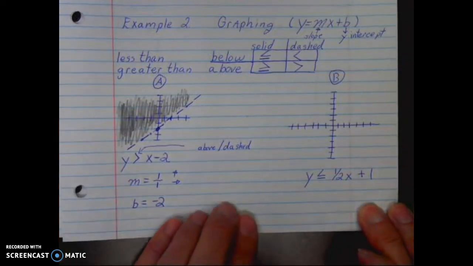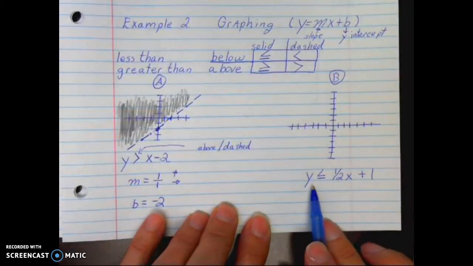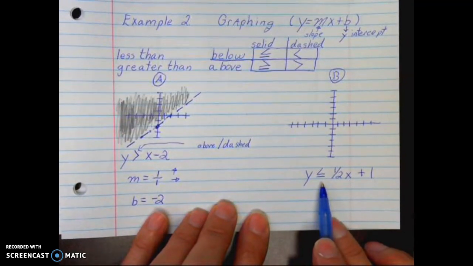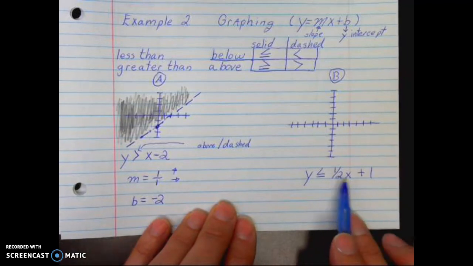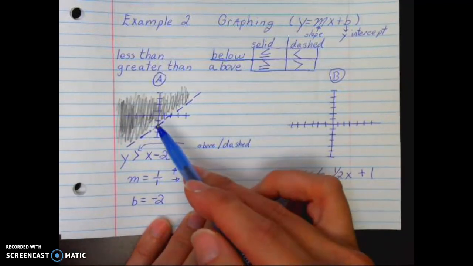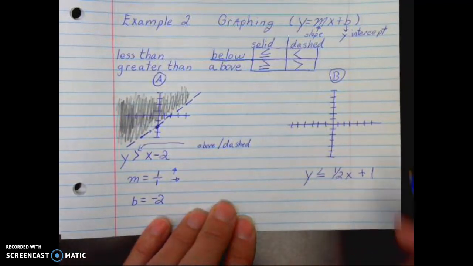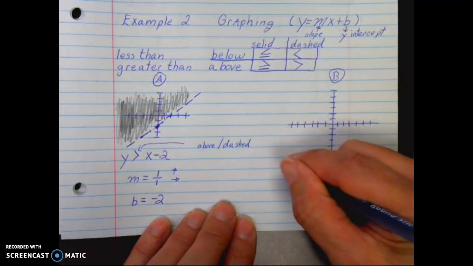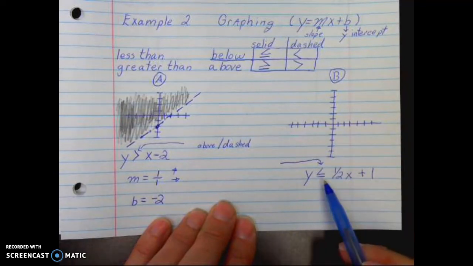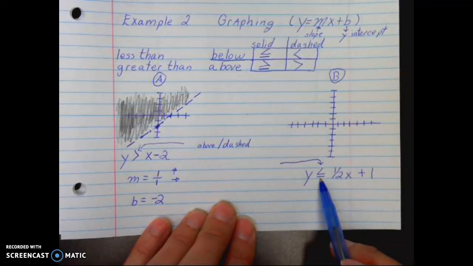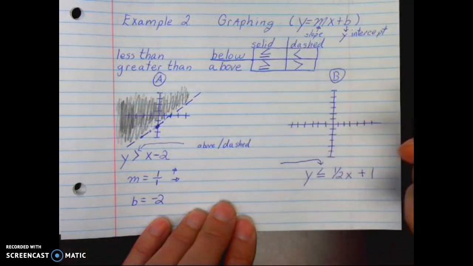Now, let's look at number B. Let's read this one out. This one says y is less than or equal to 1/2 x plus 1. So let's identify what type of line and shading we're going to have. Because it has the equal sign, that's going to be a solid line.